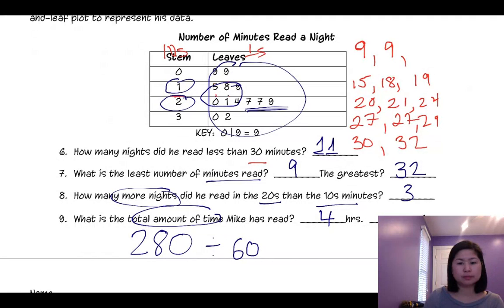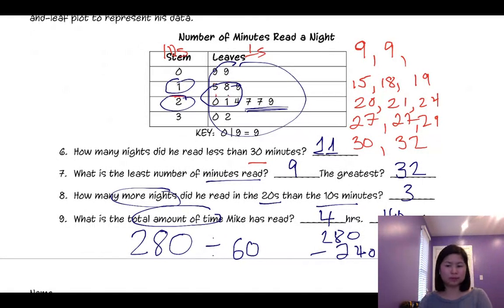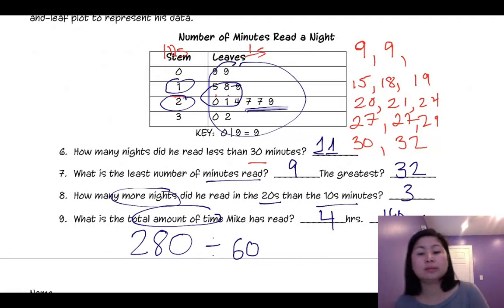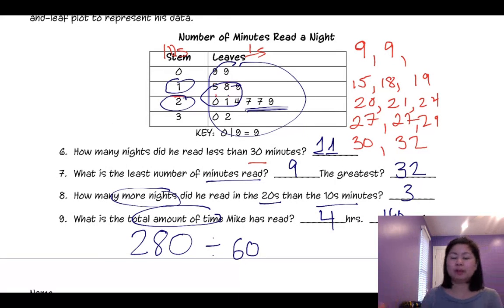So 4 times 60 would be 240 minutes. Taking 280 minus 240 gives me 40 minutes extra. So for this answer, it's going to be 4 hours and 40 minutes. If you forgot how to convert minutes back to hours and minutes, let me know in office hours, I can help.